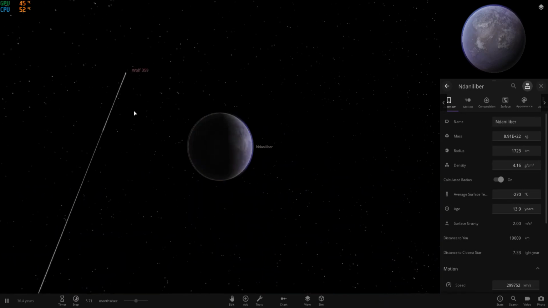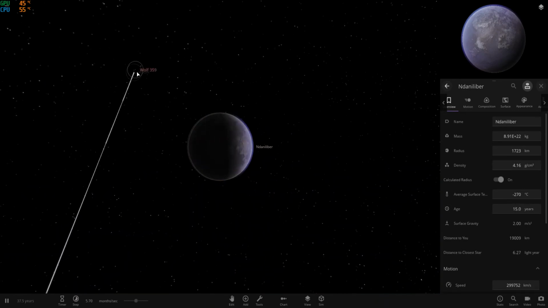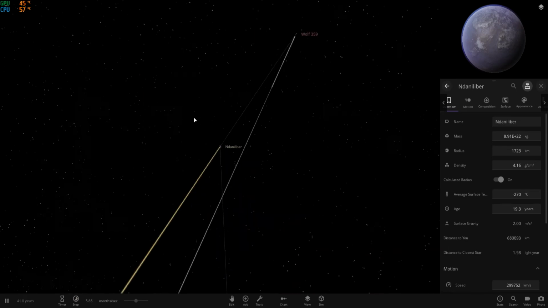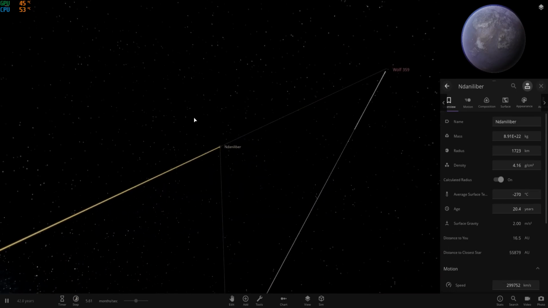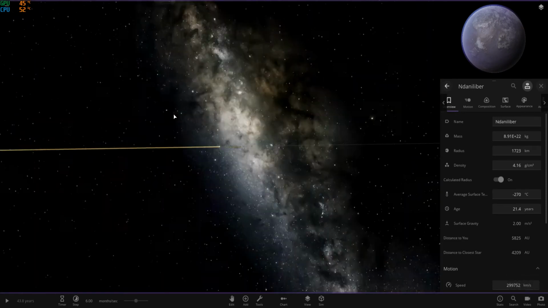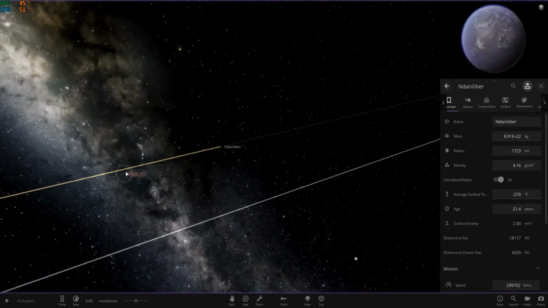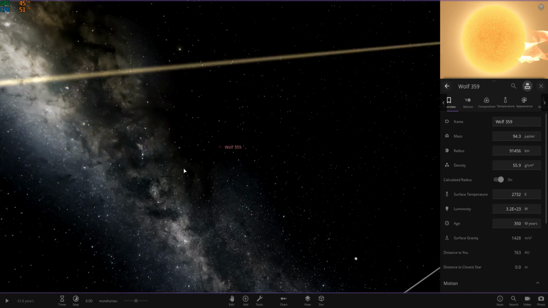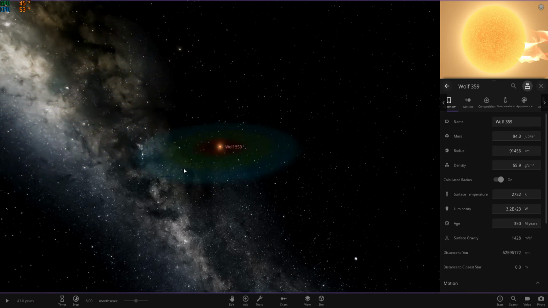Their entire population has been evacuated. So now, all we have to do is wait for this object to... Oh, we just missed it. So at its closest approach, we were quite far away from Wolf.